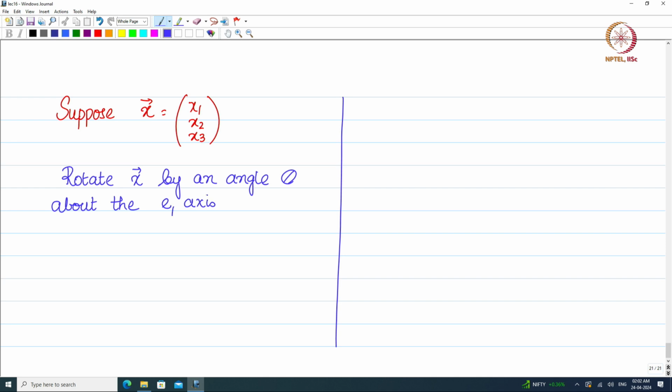Now, what do we mean by that? You are going to rotate in the plane which is formed by those two vectors E2 and E3. That means you are going to rotate about the x2 x3 plane.